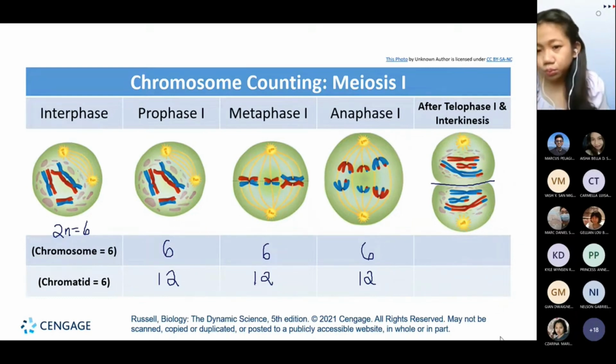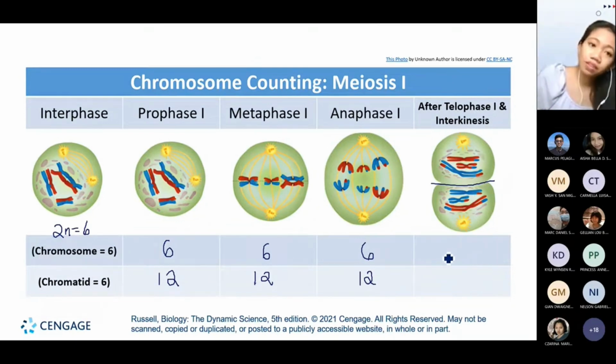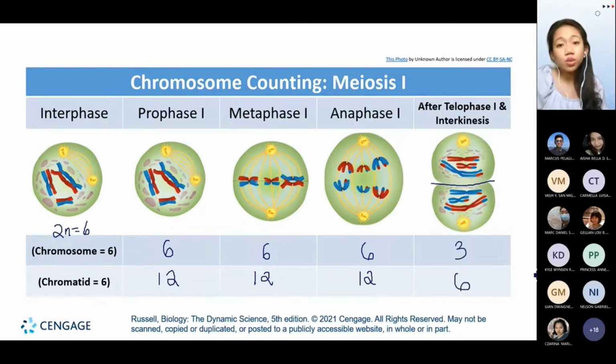Just divide by 2. How many? Divide by 2, guys. Chromosomes would be, yes, Benedict. 3, ma'am? Yes, 3. And for chromatids, 6. So by the end of meiosis 1, the cells are already haploid. Okay? So 3 and then 6 chromatids.